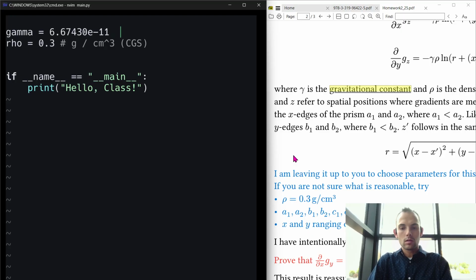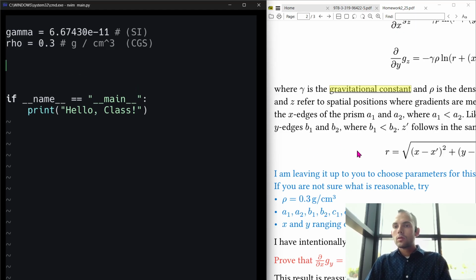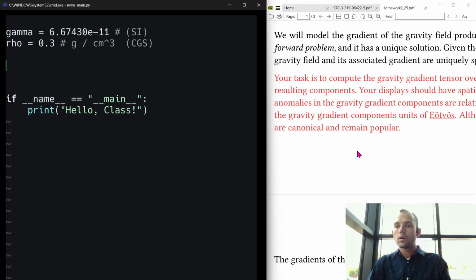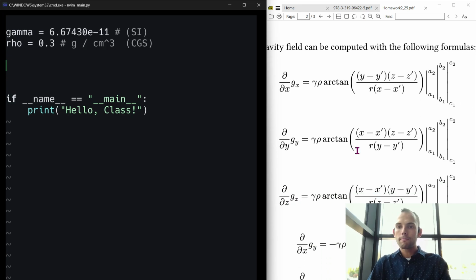This is the SI unit system, and this is the CGS unit system. Back to the actual problem.